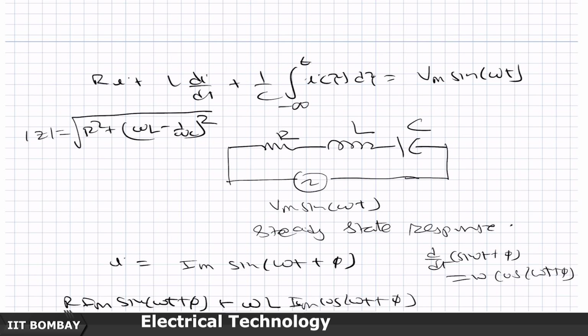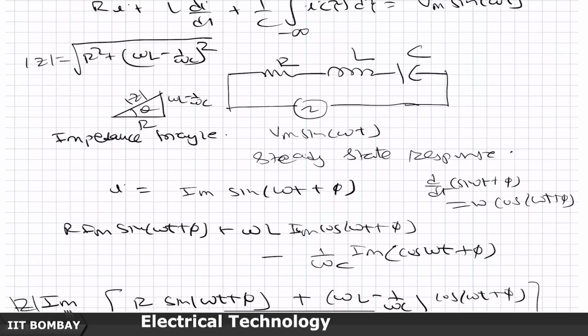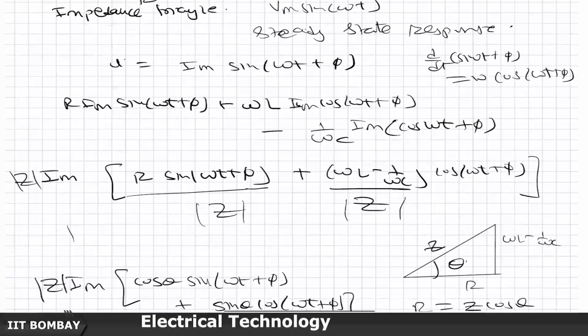And so you can think of it as R on the x-axis, omega L minus 1 by omega C on the y-axis, and the magnitude of z as this, and look at this angle theta. This is called the impedance triangle, and you look at the magnitude of this angle theta, and you get the impedance and the theta.